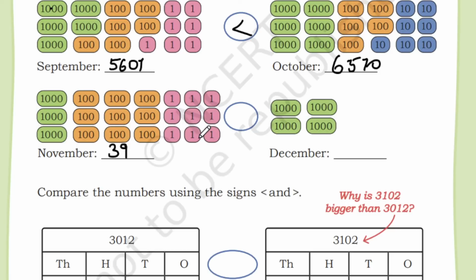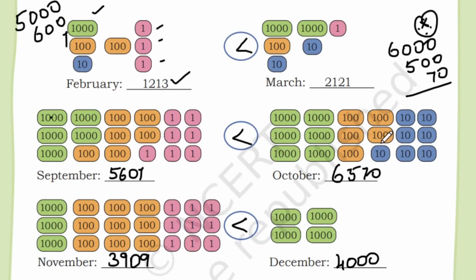So we have 9 ones. So 3909. Here you have 4000. So which is greater? This is greater. And October is the greatest month.